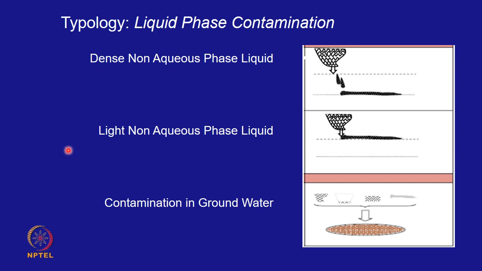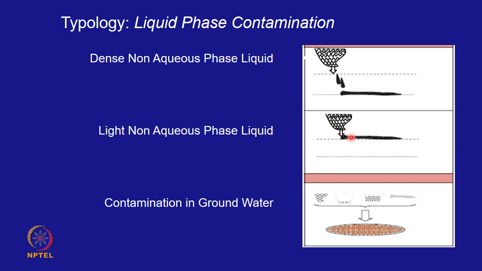Sometimes you are having non-aqueous liquids like in petrol stations, and there are a lot of them. So you may have DNAPL, dense non-aqueous phase liquid. That means this will come into the ground. This is the groundwater table level. It will go and sit at the bottom of the groundwater table level. Or you may have LNAPL, that is something which is lighter than water, then that will float.